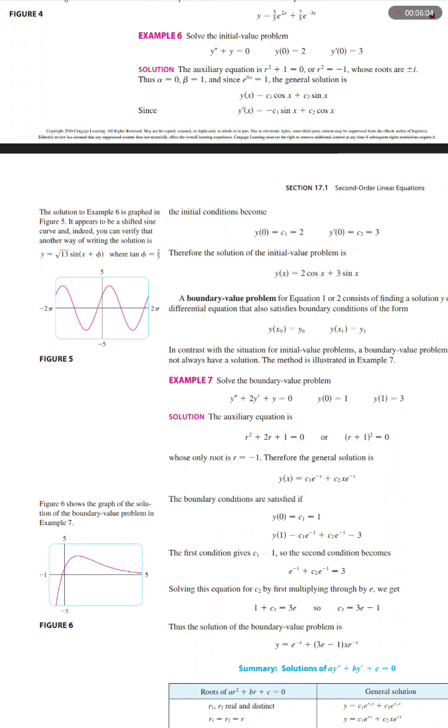Solution. The auxiliary equation is r² + 1 = 0, or r² = -1, whose roots are ±i.